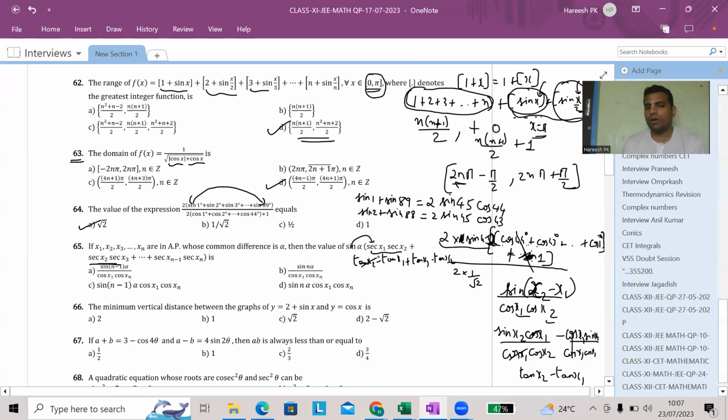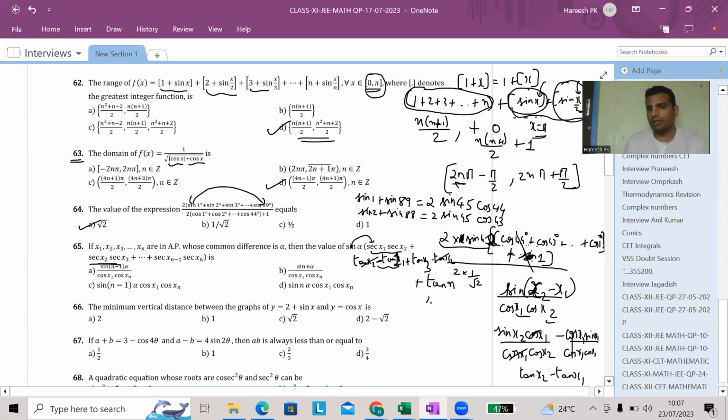So you'll see all terms will get cancelled except tan 1, the smallest value, and the largest value. So what will remain is minus tan 1, and then plus tan n. So tan n minus tan 1, that alone will remain.